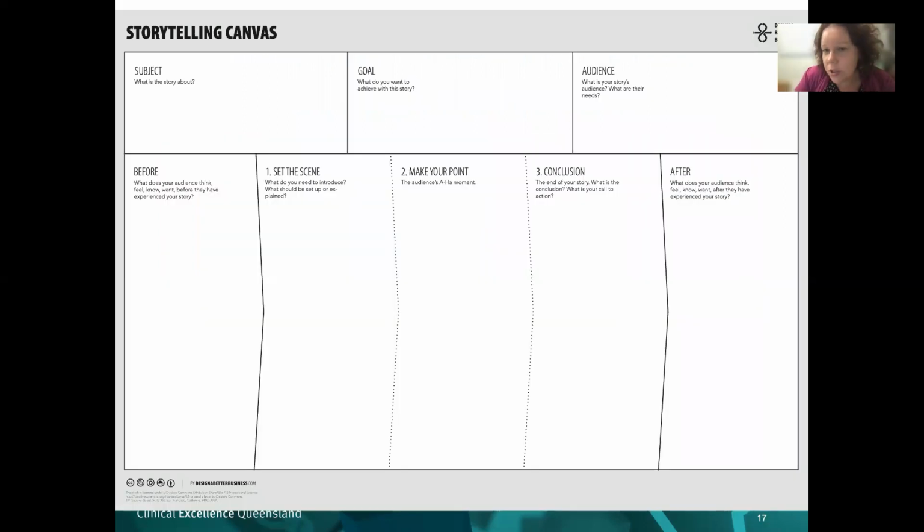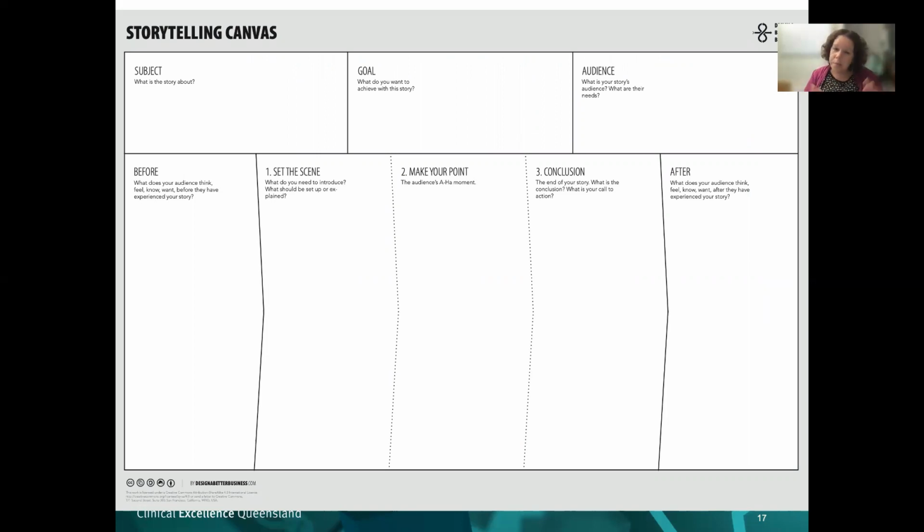If you want to tell a story for your prototyping, you can use freely available resources. And this is an example of one. It's a storytelling canvas where you write about what's the story about, what does your audience think, feel, and know beforehand, what do you need to introduce, what's the aha moment, what's the end of the story, and how have things changed.